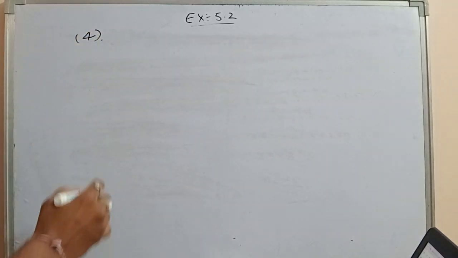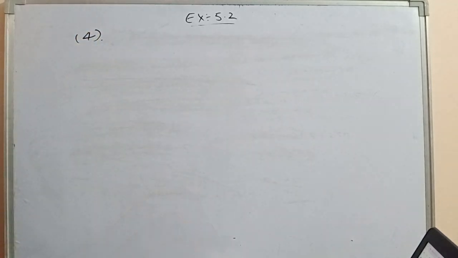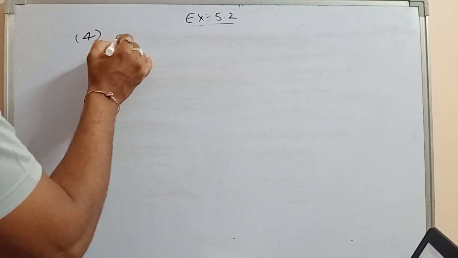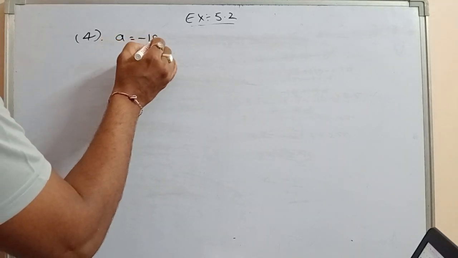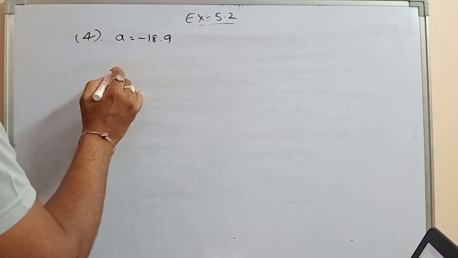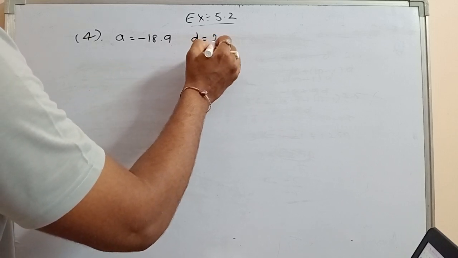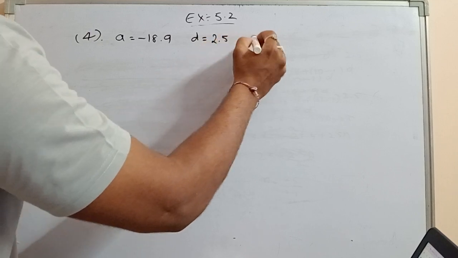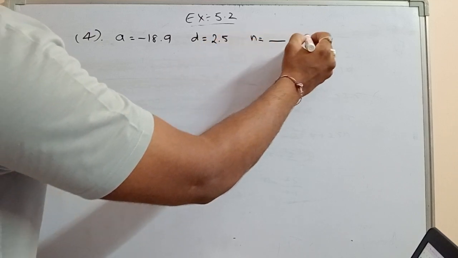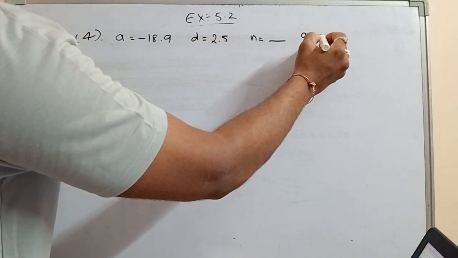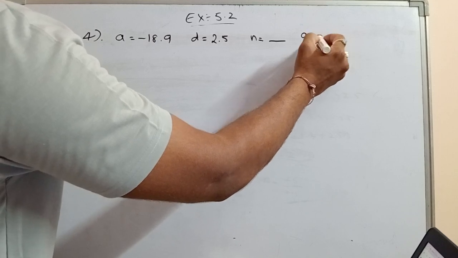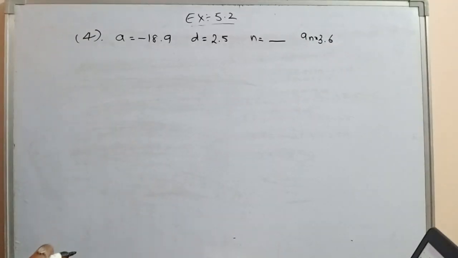Fourth problem. It is given the value of a is equal to minus 18.9 and the value of d is 2.5 and the value n we don't know, and an is given as 3.6.